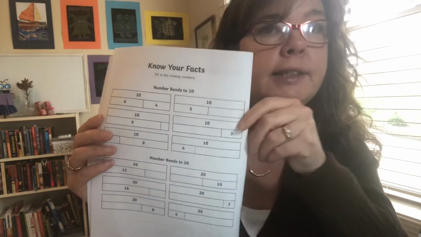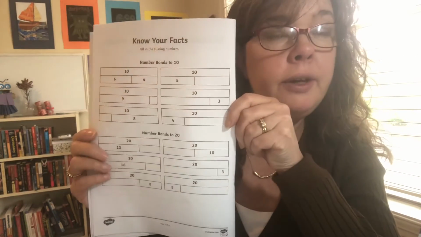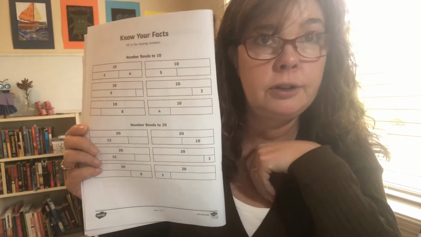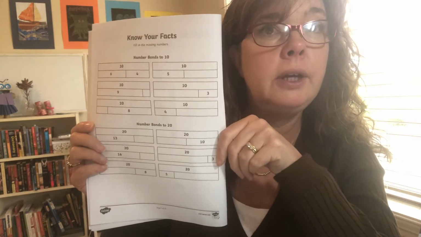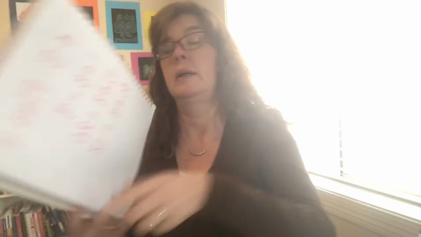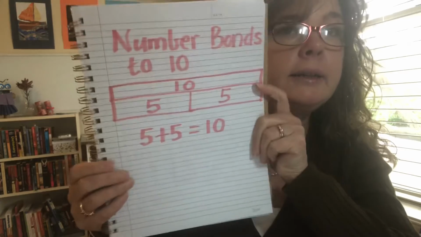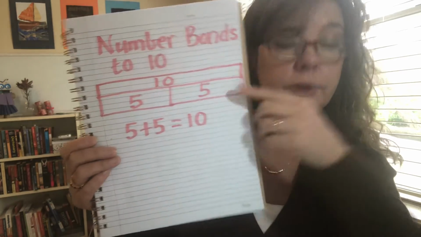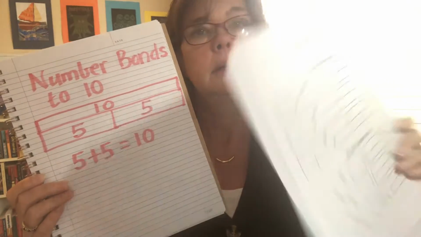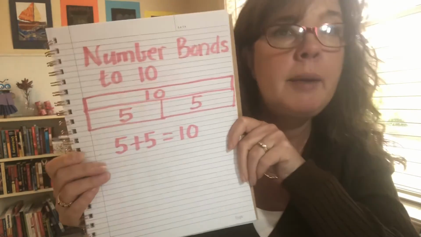these are facts that you all should know. So this is just a good little practice for you. Again, if you don't have time to do this, that's okay. But we're looking at number bonds on this sheet. This one here is asking you to put the number bonds in, and here's an example of one.